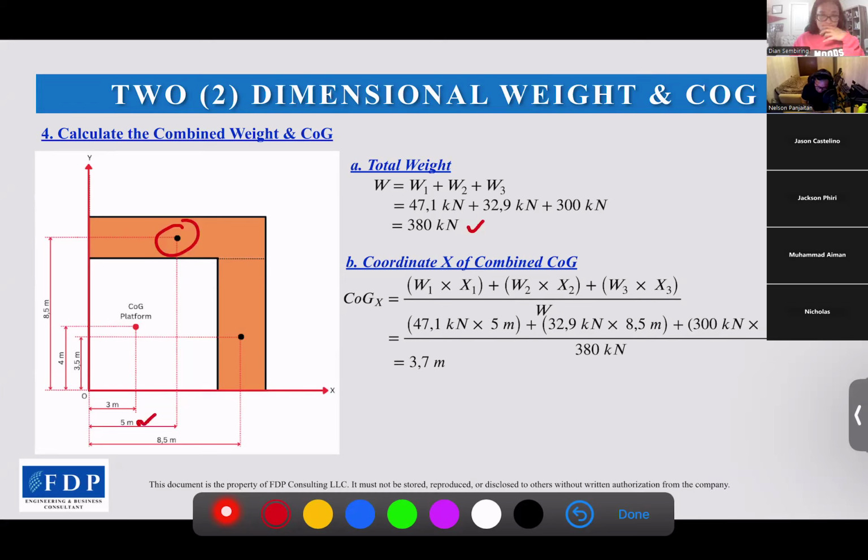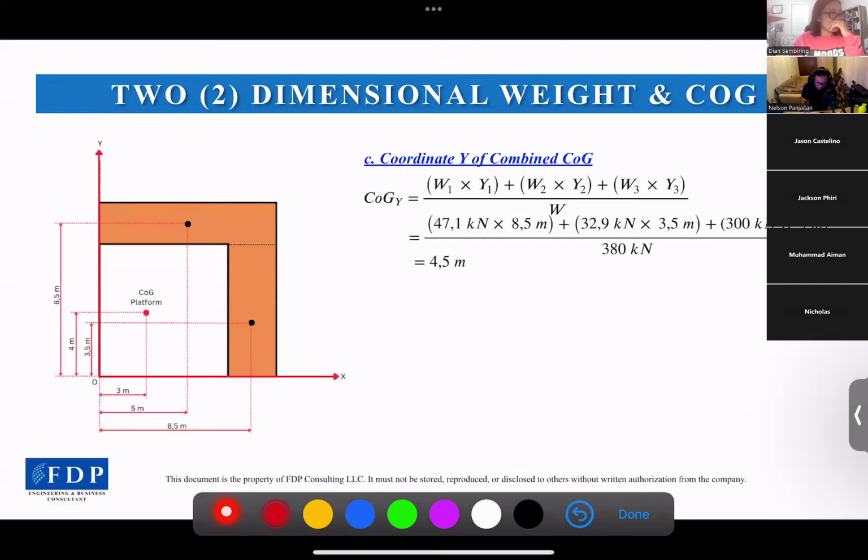Weight of item 2, the COG will be here, it's 8.5 meters x. And then item 3 is 3 meters x. Then divided by the total weight, 380 kilonewtons. Then we get 3.7 meters for the COGX.